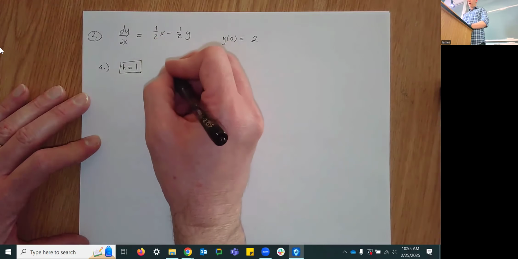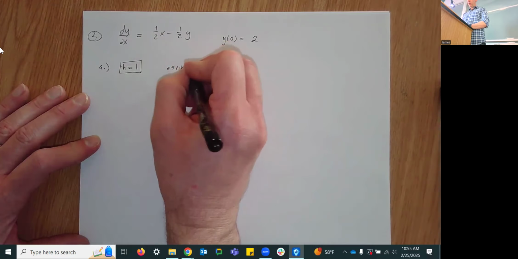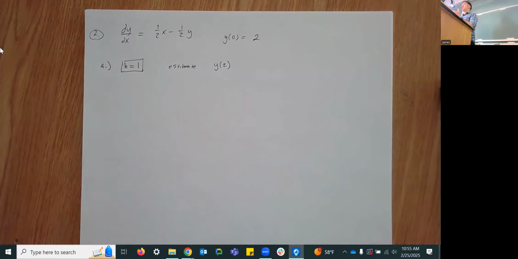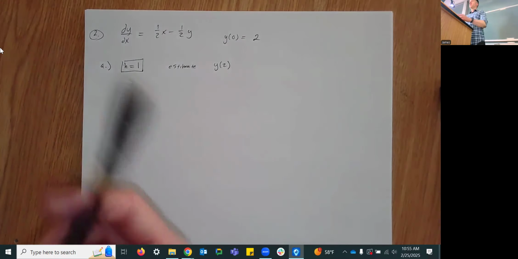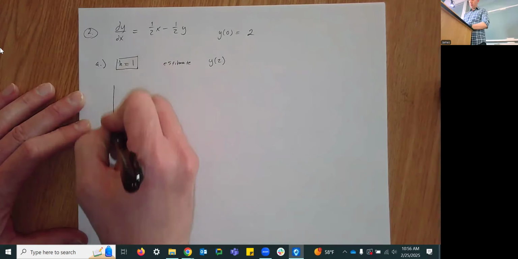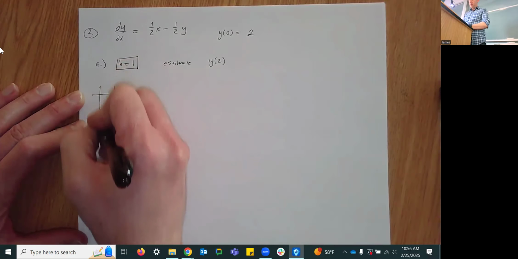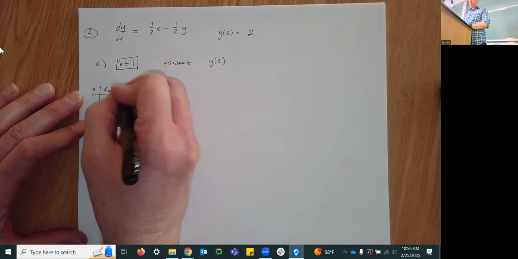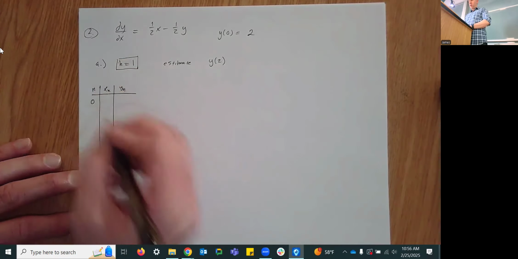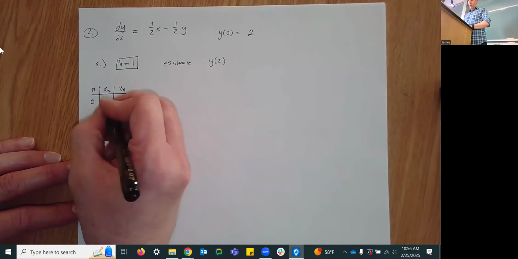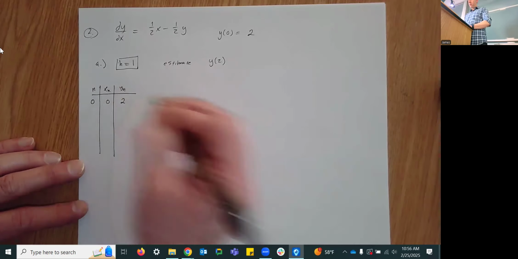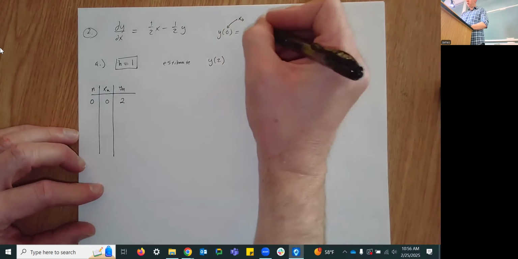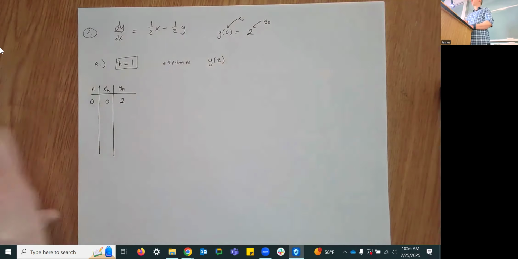And we're again trying to approximate y of 2. So in this case, we're just going to have to do this twice. For our initial value, for n equal to 0, our x sub 0 is just 0 and our y sub 0 is just 2. That's your beginning x value, that's your beginning y value.